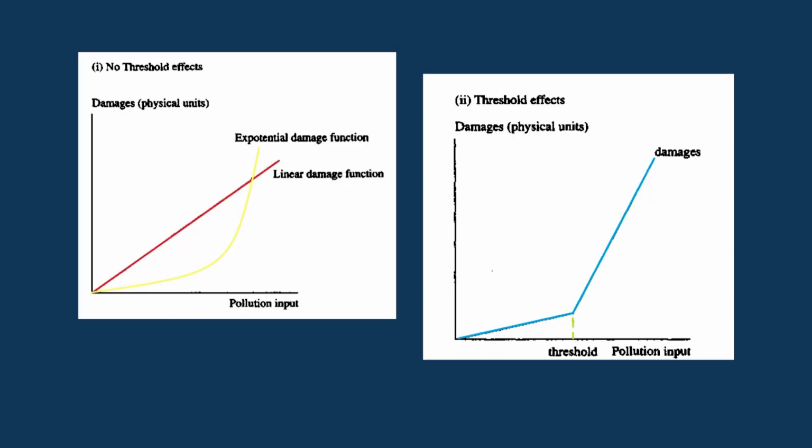Now, I'll use a simple diagram to show how this creation of waste and disposing them can actually harm the environment. As we were saying, the environment has a natural capacity to absorb these wastes.